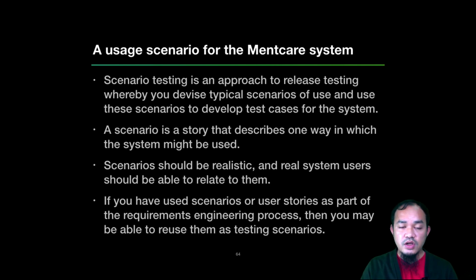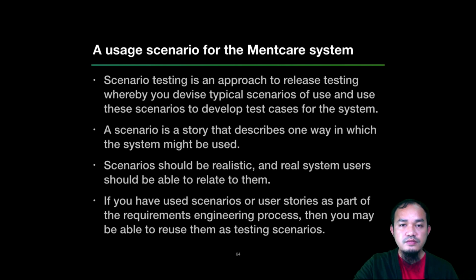We have a long scenario that explains our system, right? So we use that to drive the testing. The scenario is a story that describes one way in which the system may be used. Because the scenario explains how the system will be used in this way, we can use that scenario as our guideline to test.